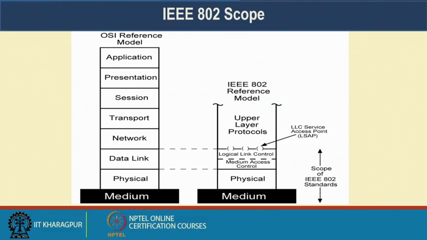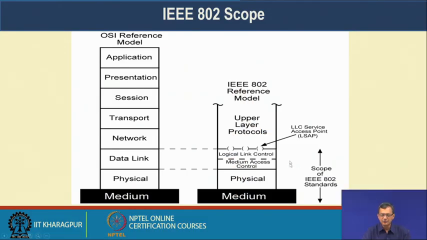If we look at the scope of the 802 standards, it spans from the data link layer to the physical layer. As we are discussing, LLC has different service access points for the upper layer protocols, and it communicates with the MAC layer. The MAC layer in turn communicates with the physical layer.